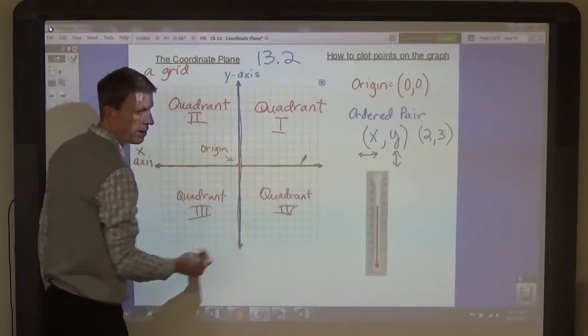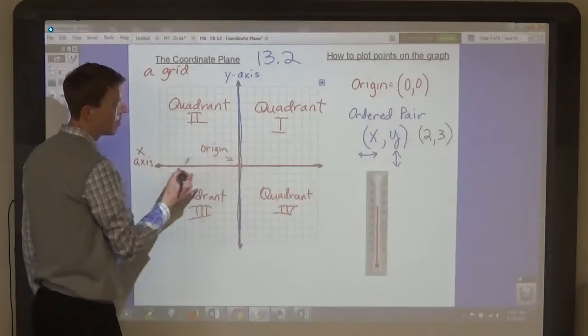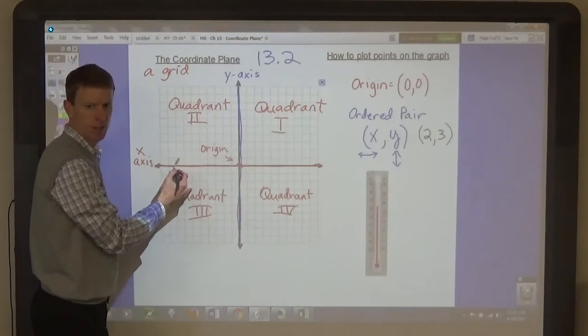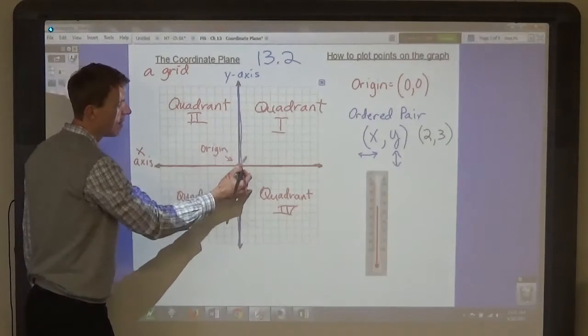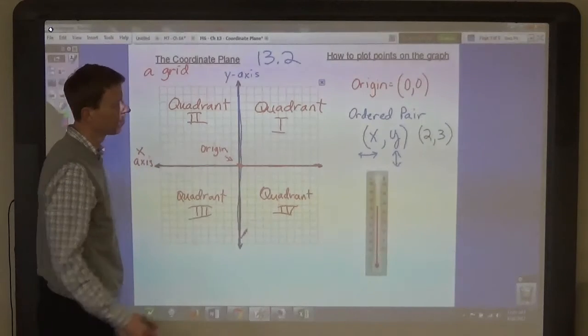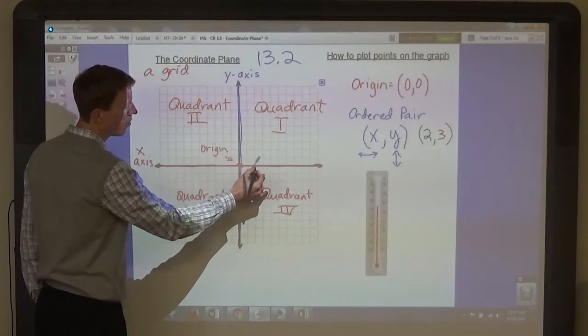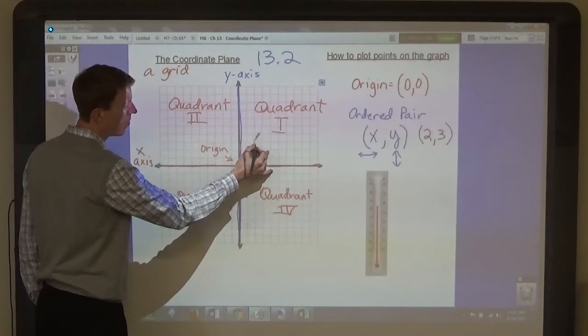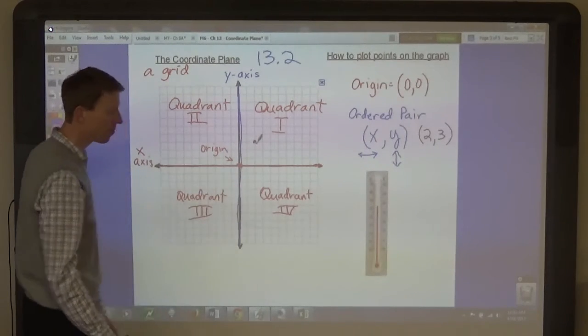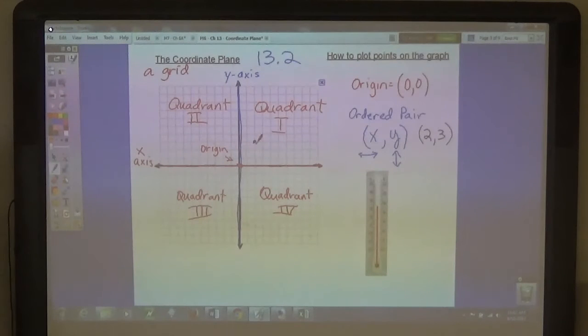Positive is to the right, negative is to the left. Positive is also up, negative is also down. So if we're going 2, 3, we're going to the right 2 and then up 3. And marking that point.